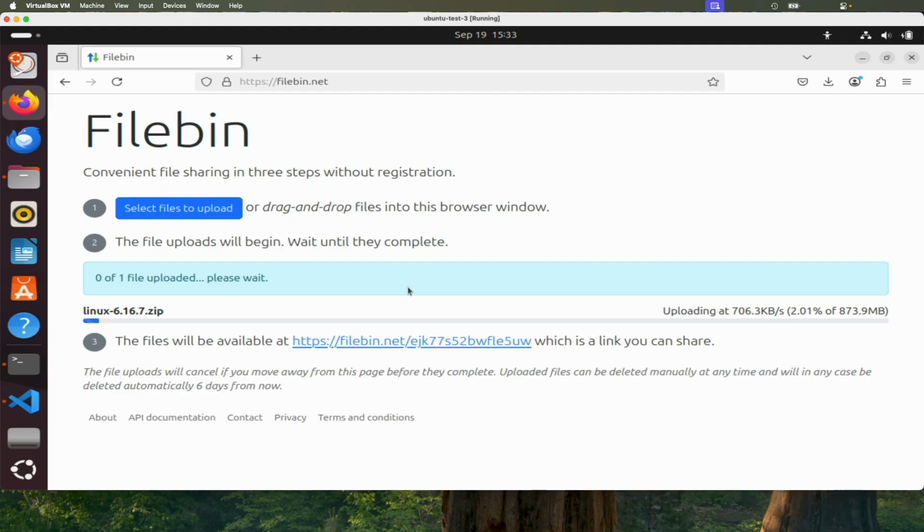So big difference: 700 and some kilobytes per second, and already 3% has been uploaded in about 30 seconds. A little over 800 kilobytes per second.